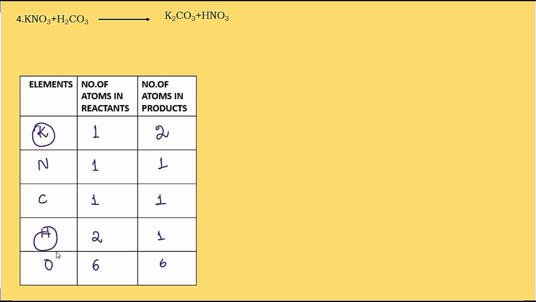So according to the priority, you should give priority to a metal, because potassium is a metal and hydrogen is obviously a non-metal. So you should give priority to potassium first.